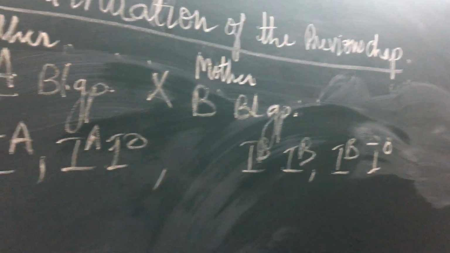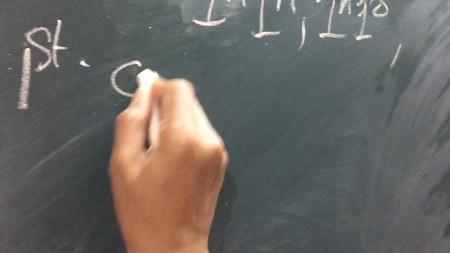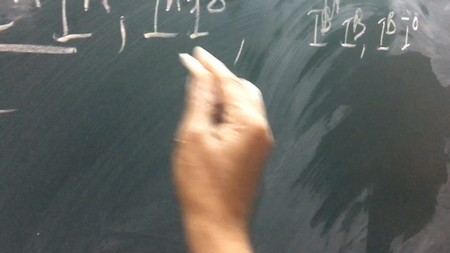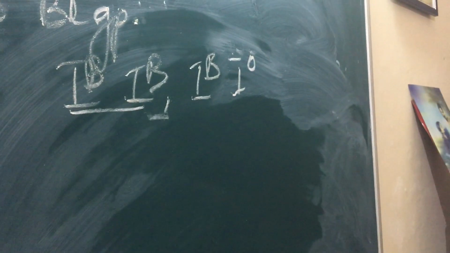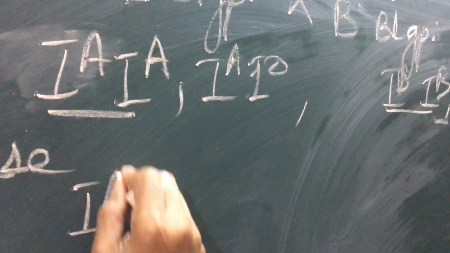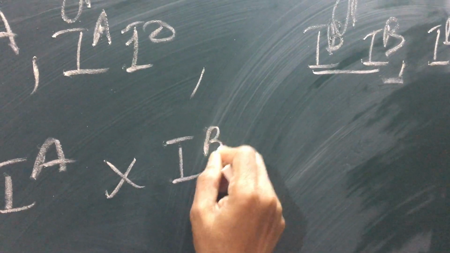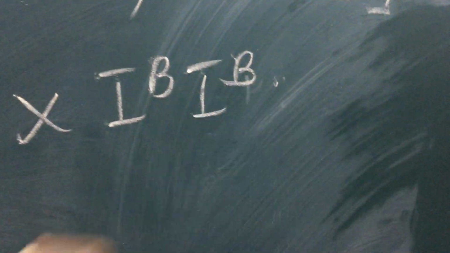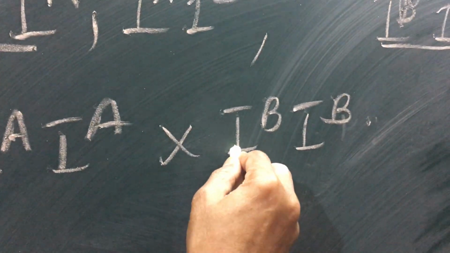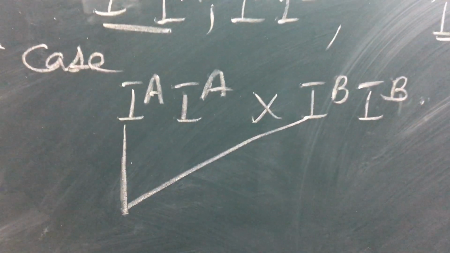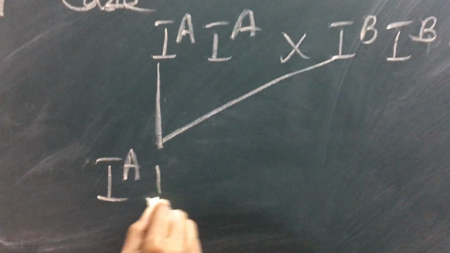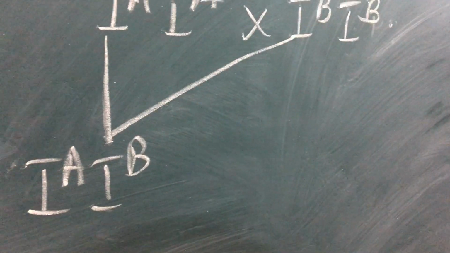Now let us take the first case. In the first case, IA IA into IB IB. We do the crossing like this, IA IB. So what is the blood group here?